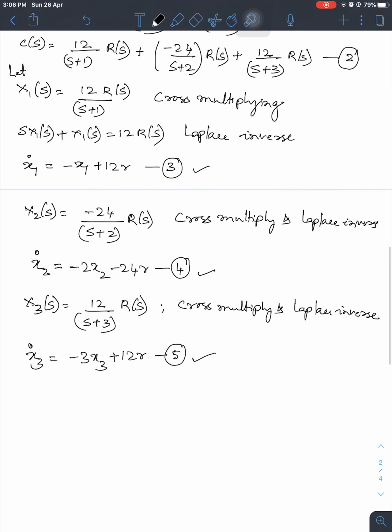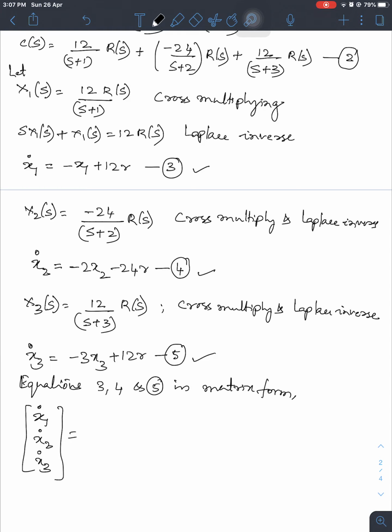Is it not in the required form? They are in the required form. Equations 3, 4 and 5 in matrix form. We get x1 dot, x2 dot, x3 dot equal to: first equation minus 1x1, no x2, no x3. The second equation, no x1, minus 2x2, no x3.